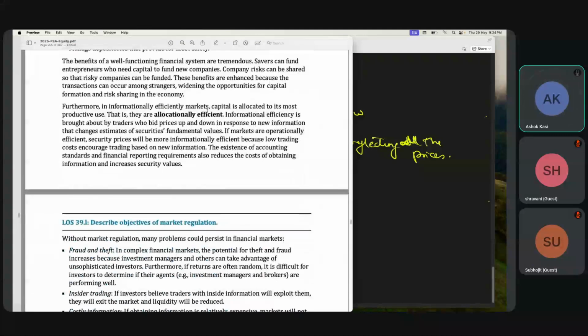Then allocationally efficient. In an informationally efficient market, capital is allocated to its most productive use. That is called allocationally efficient.